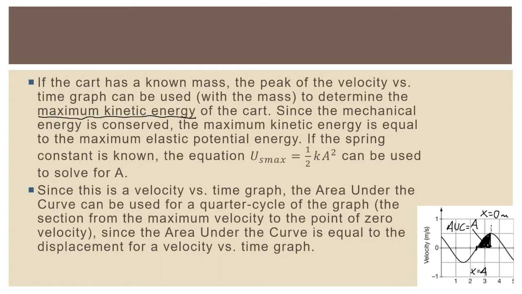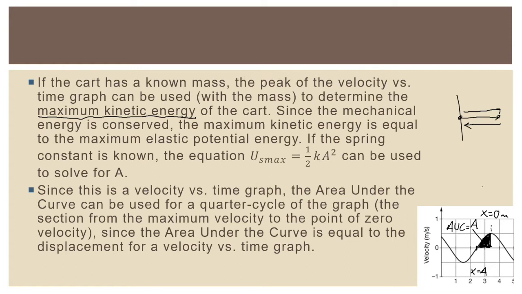Now, the reason why you don't use the whole positive section of the graph is because this is a velocity versus time graph, and the area under the curve is giving you the displacement. And it's important to realize, if the object is starting at the equilibrium position and then moving to the amplitude, and then back to the equilibrium position from the amplitude, it's still in positive displacement territory.